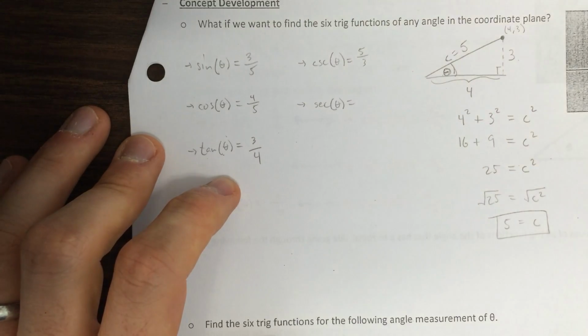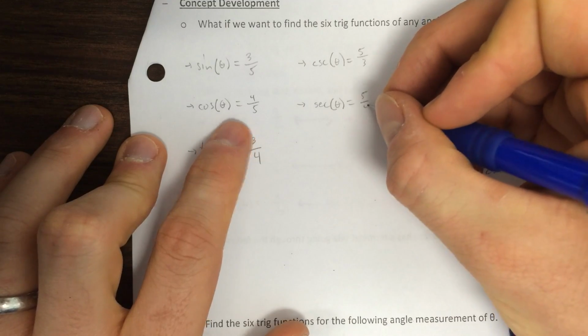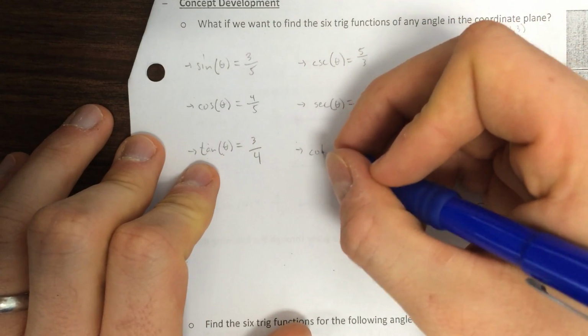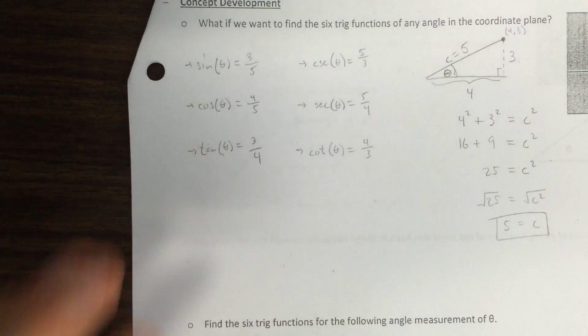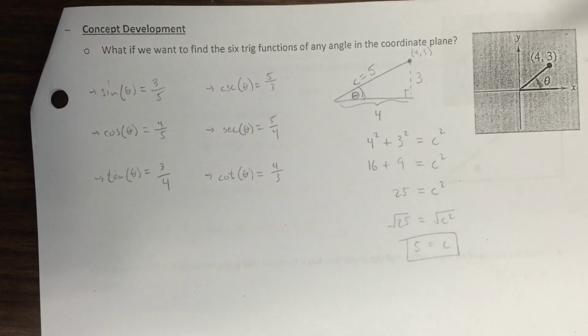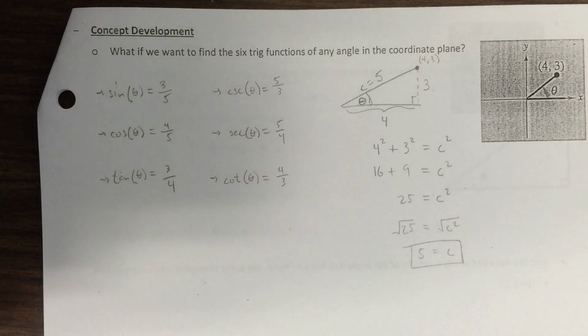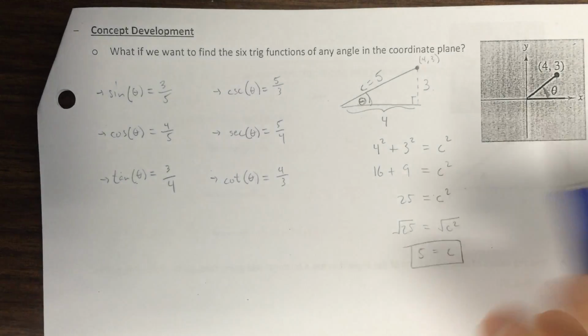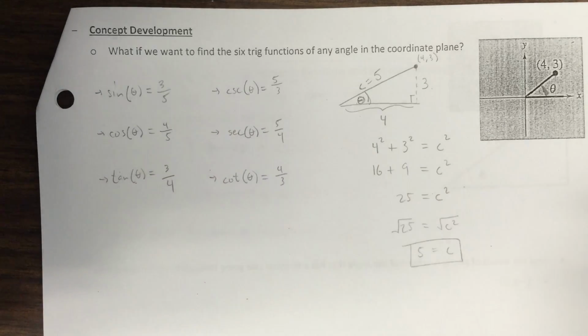That's the reciprocal of cosine, so secant would be 5 over 4. And cotangent of theta similarly would be 4 over 3. So there we go. We use the Pythagorean theorem. We use a similar technique to what we used with our unit circle. If we're given this angle, we don't know what the angle measure is, we still can figure out what sine, cosine, tangent, cosecant, secant, and cotangent are of that angle.